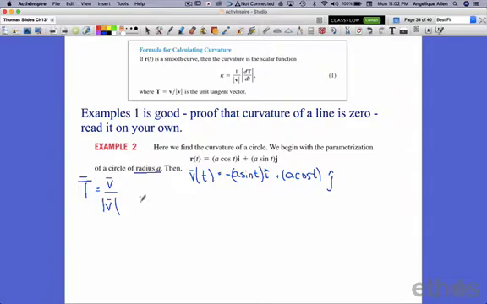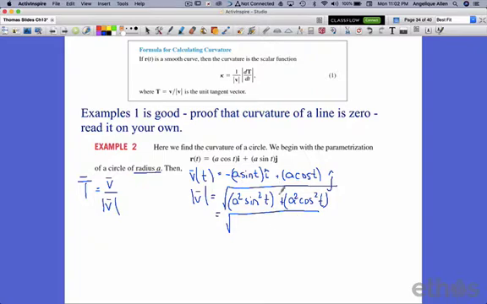Okay. Well, the magnitude of this vector is going to be the square root of a squared sine squared of t plus a squared cosine squared of t. All right, and we're going to simplify this.